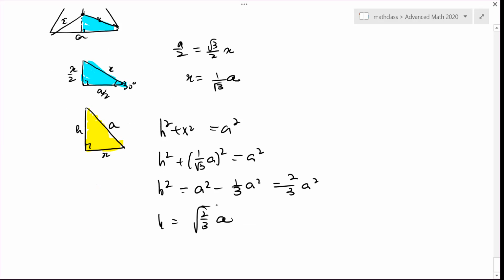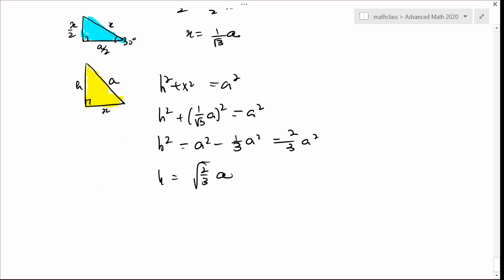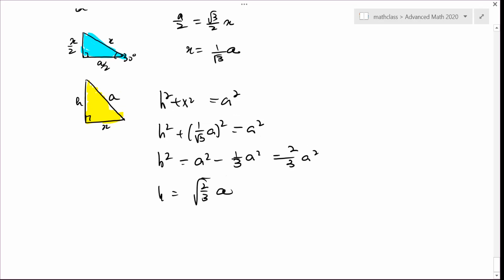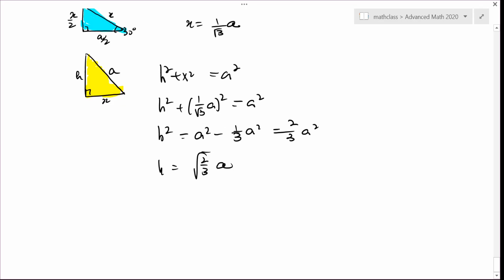All right, so that's it. And once you find the h, you go back to the pyramid with the triangle base. So the volume is going to be 1/3 of A times h. What is A? A is the base area, which is an equilateral triangle. So we already know that, that's A. H, we already found out, that is h.